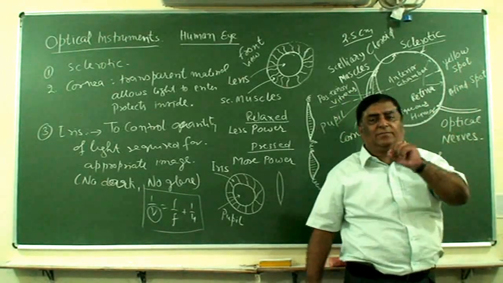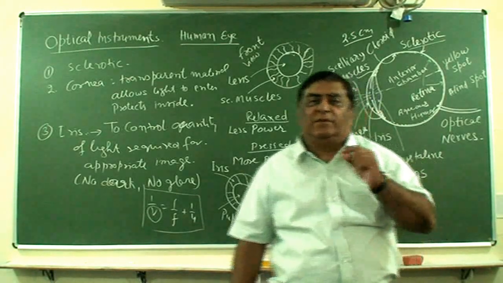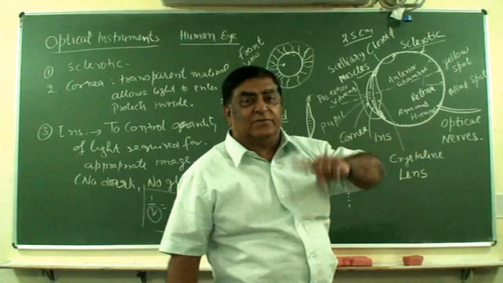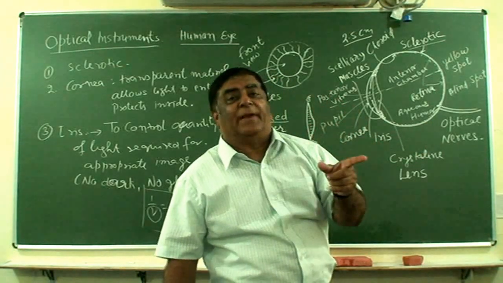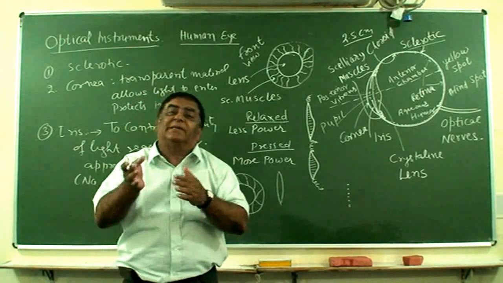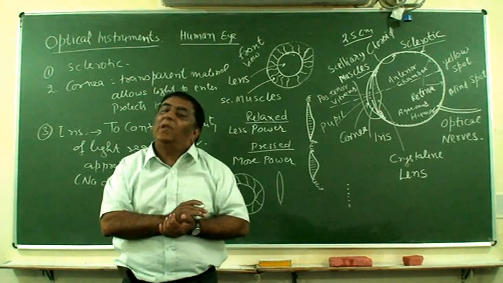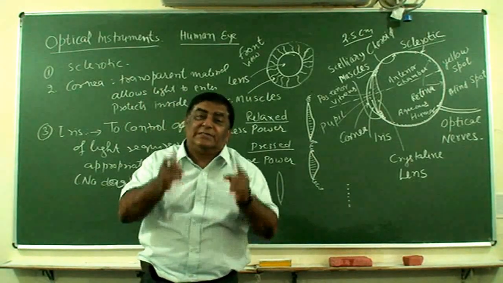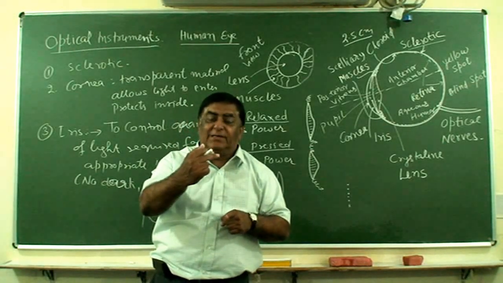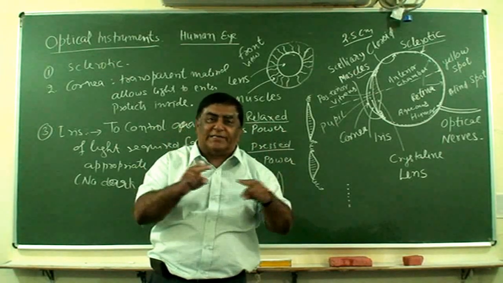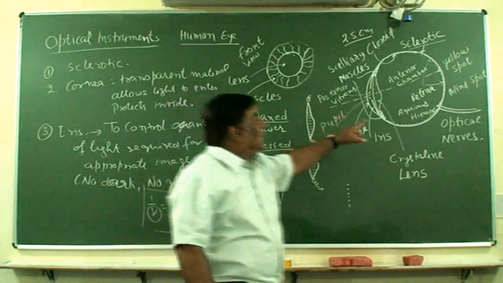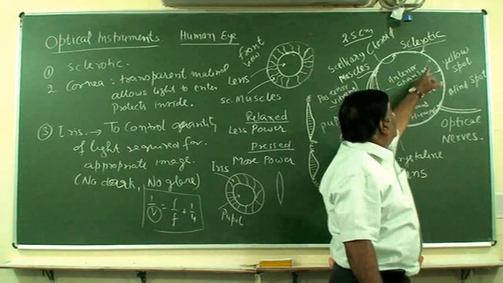The voltage signals are sent via the optical nerves to the brain, and inside the brain the signals are received and a copy of that image is formed. Like in our computer, the CPU sends the signal of the image and on our monitor the image is formed. Similarly, the eye sends electrical signals.